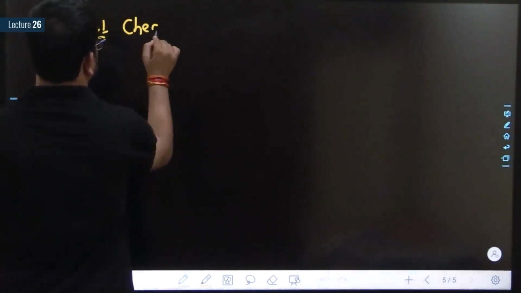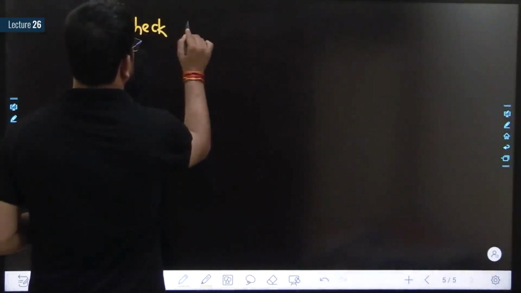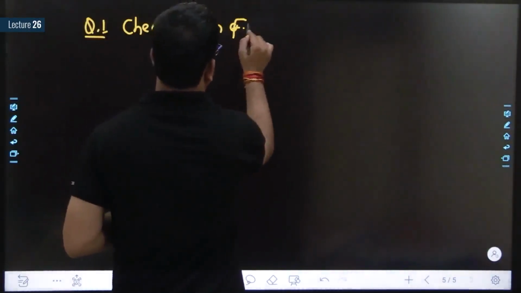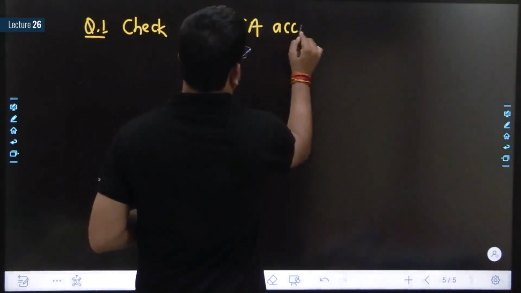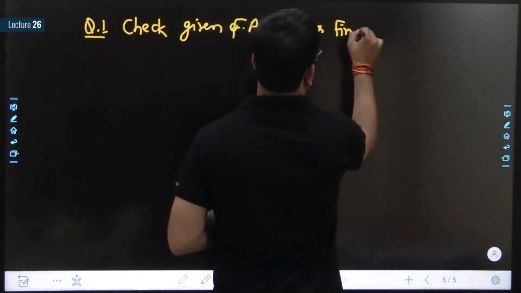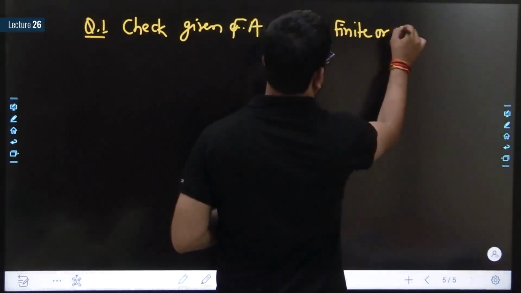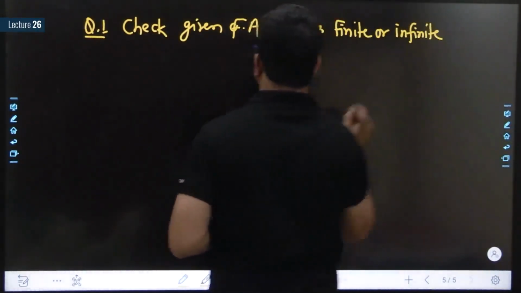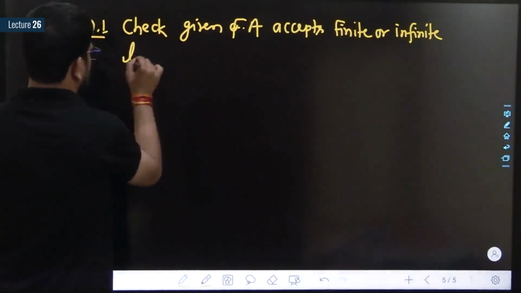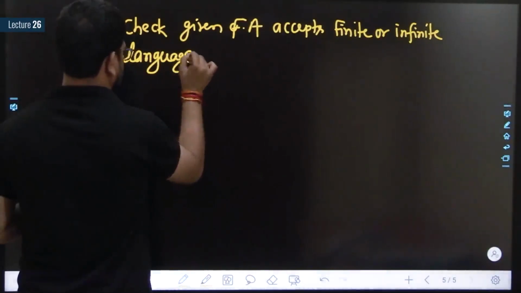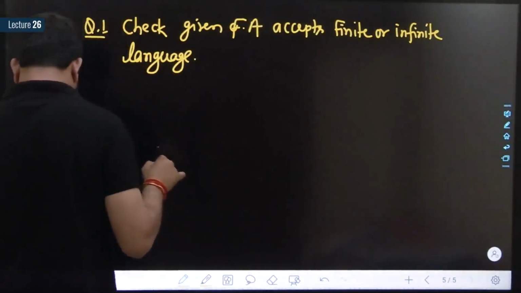Example 1. Check whether the given finite automata accepts finite or infinite language. What is the finite automata?